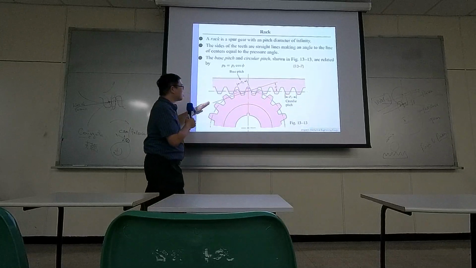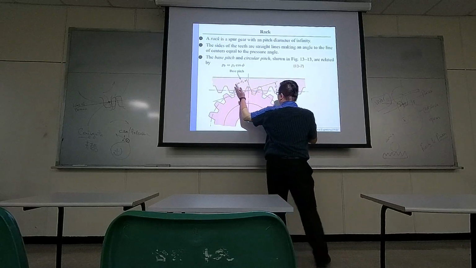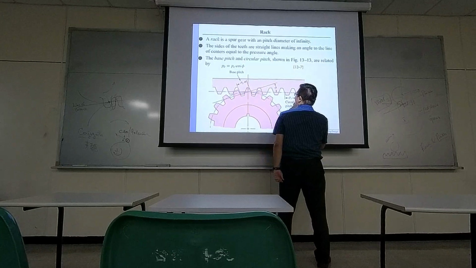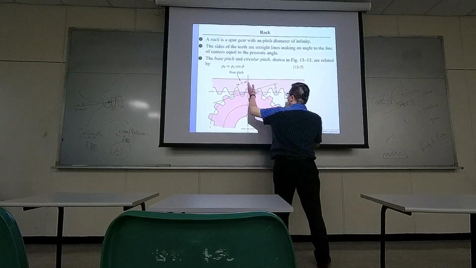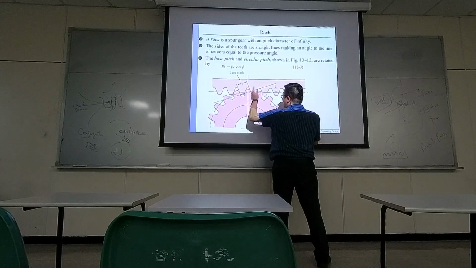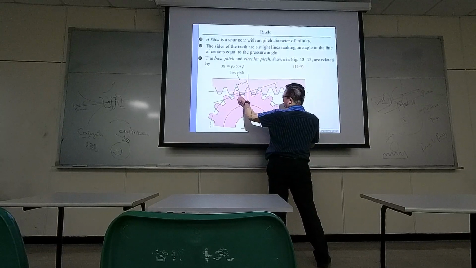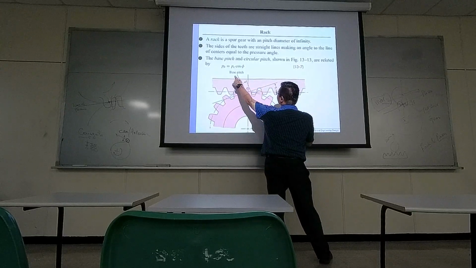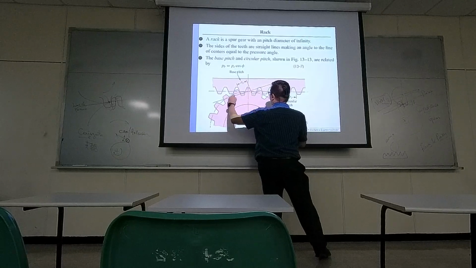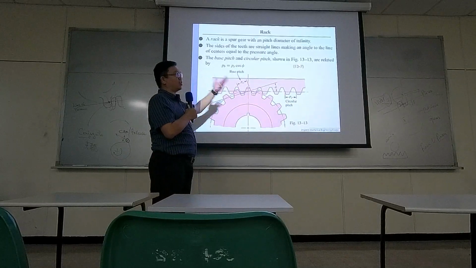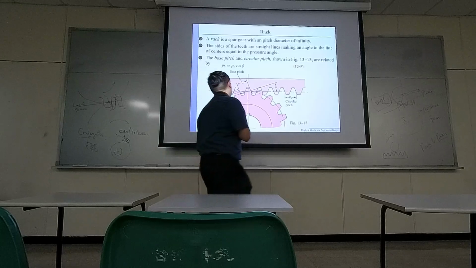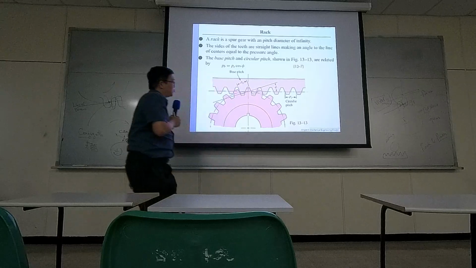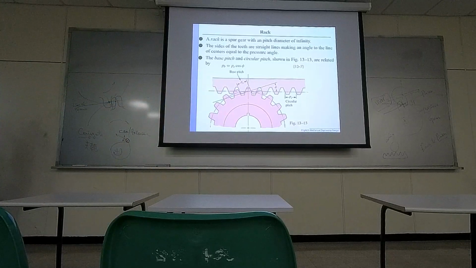So it's like along this pressure line, how long do I meet the other teeth? Okay, from one pitch to the other one. So you're computing the pitch along this line of pressure, and it's called the base pitch right here. Okay, because the pressure line is related to the base circle. So if you do that, by geometry, you can have this cosine relationship again. Okay.